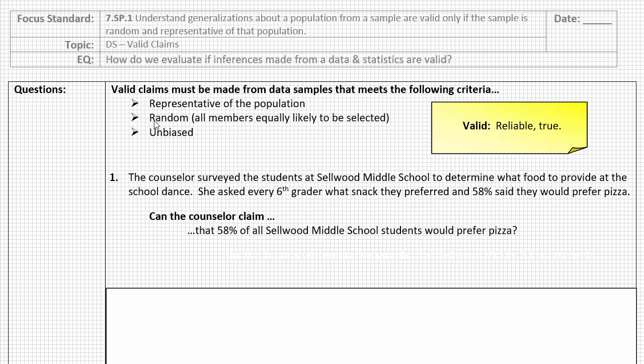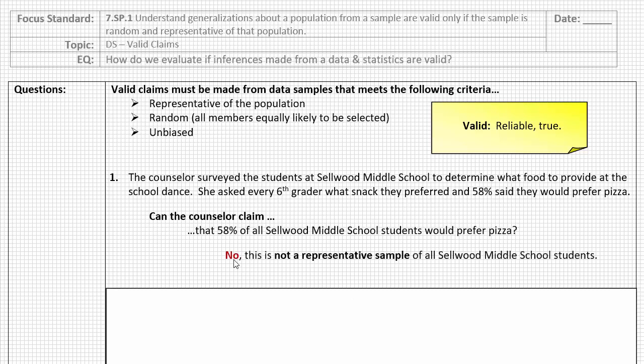So here's our checklist. It mentions that it's random, so it meets that. Doesn't seem to be biased, but is it representative of the population, Selwood Middle School students?